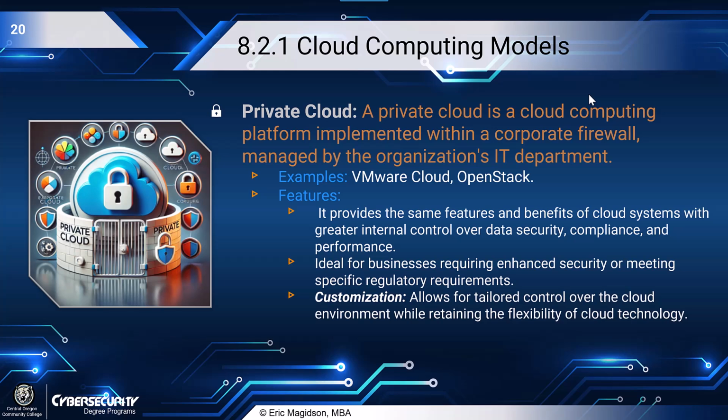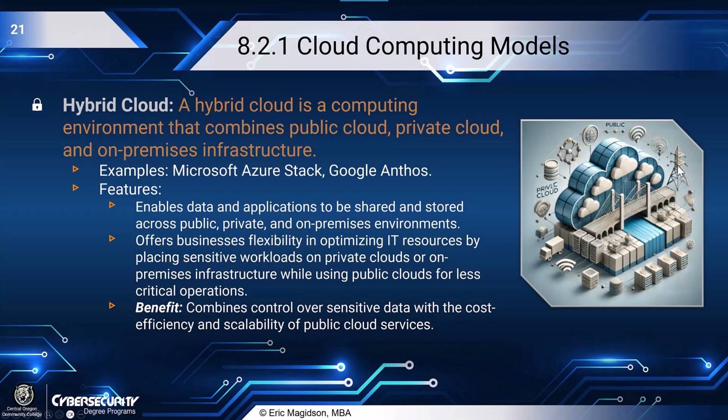Perhaps we have data that's not allowed on a public cloud, and we have to secure it, but we still want the benefits of cloud computing, okay? Highly customizable here because, again, we manage everything. So there is a cost here. We have to manage the hardware and the software within this private cloud.